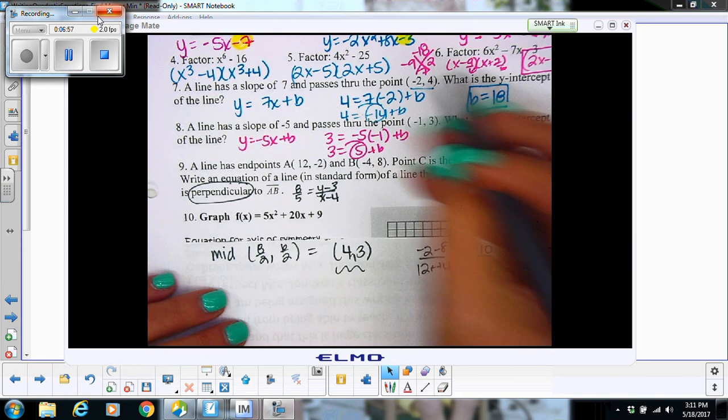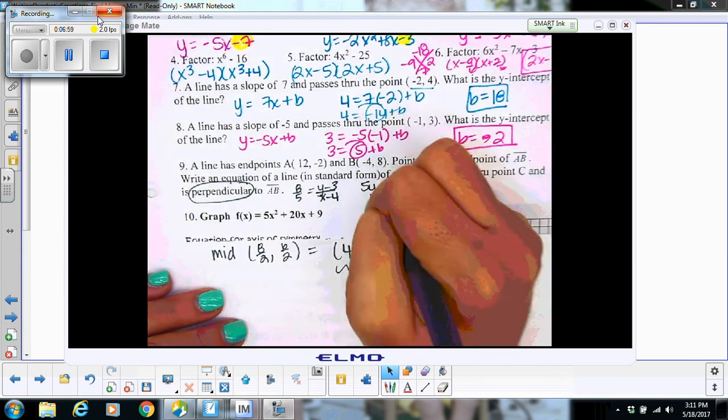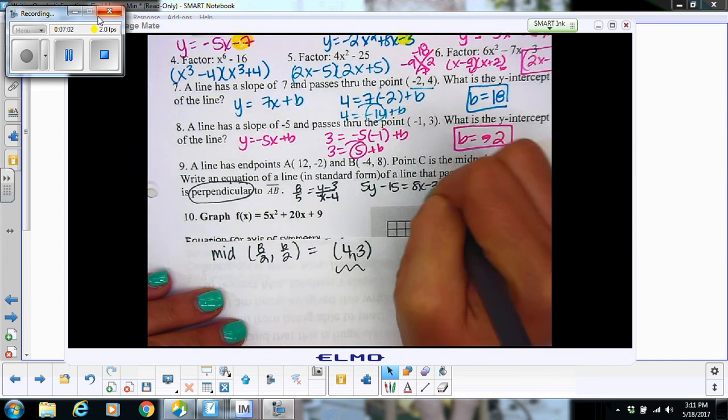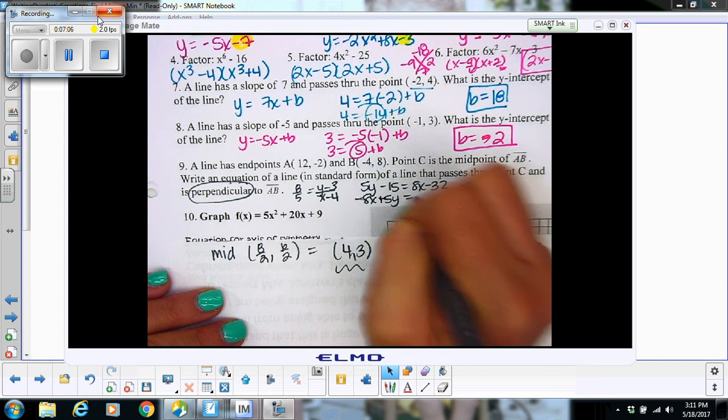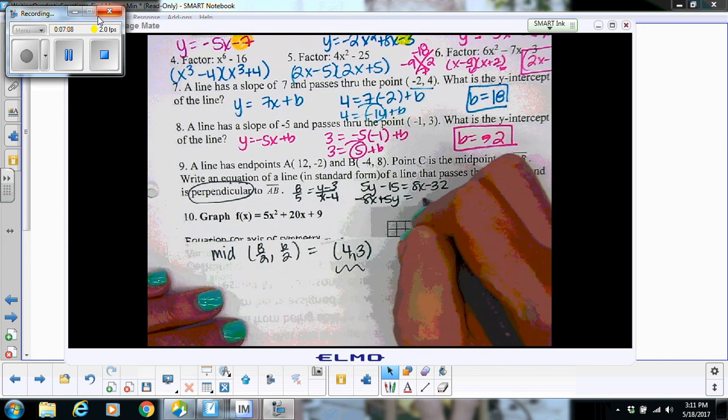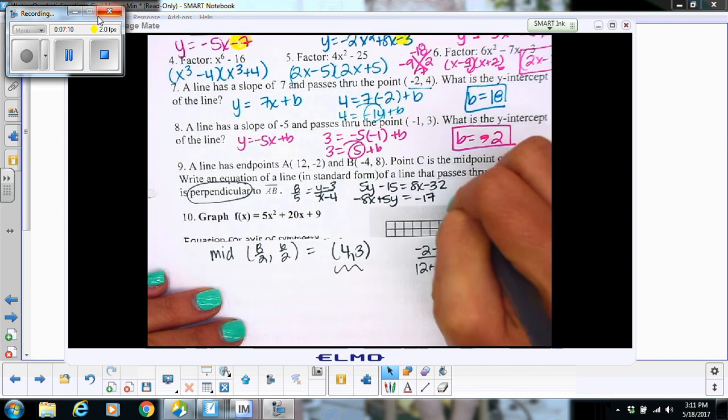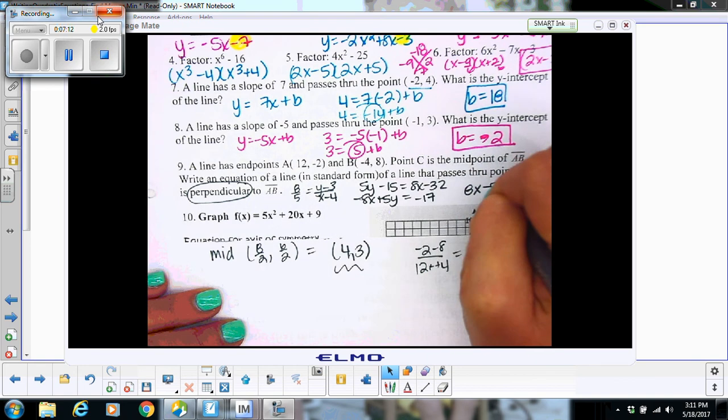And in standard form, we're going to cross multiply. 5y minus 15 equals 8x minus 32. So -8x plus 5y is going to equal -17. And then we can't have a negative x, so we're going to change the sign of everything.